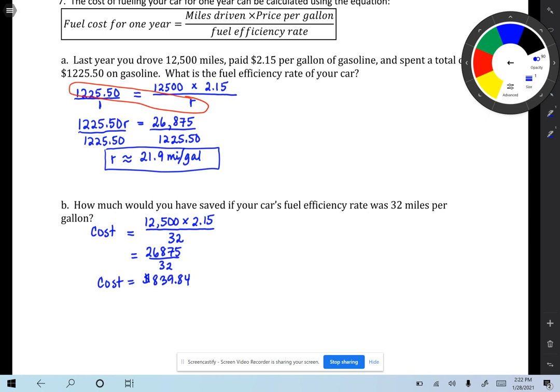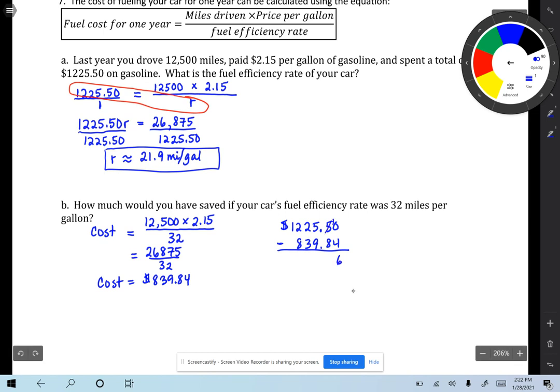So let's see how much we would save. So we are going to take the $1,225.50 you paid for a year. Had you had a better car and got better fuel efficiency, subtract that amount from the top amount.